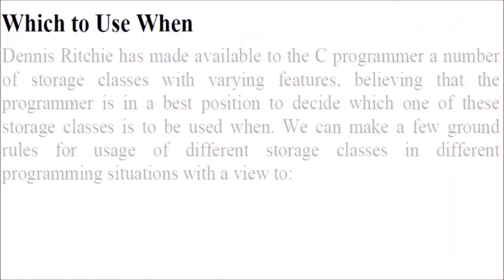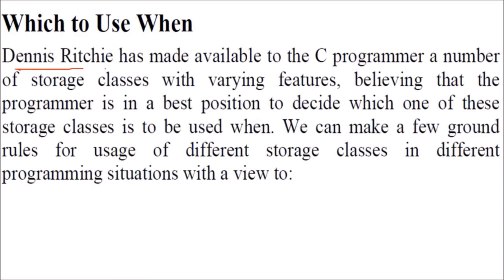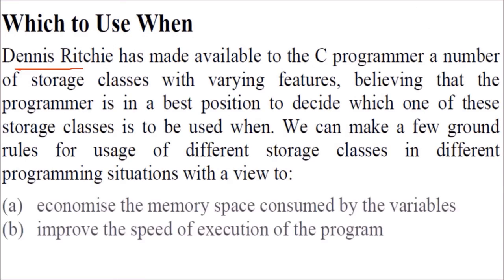So which storage class would you like to use when? There are various things which Dennis Ritchie has told about this. Whenever you are doing programming, you need to economize. You need to economize the memory space consumed by the variable, and for the speed of execution of the program, you need some good storage classes.